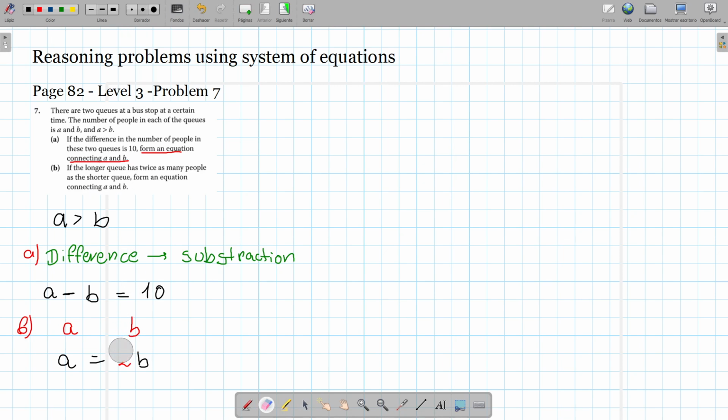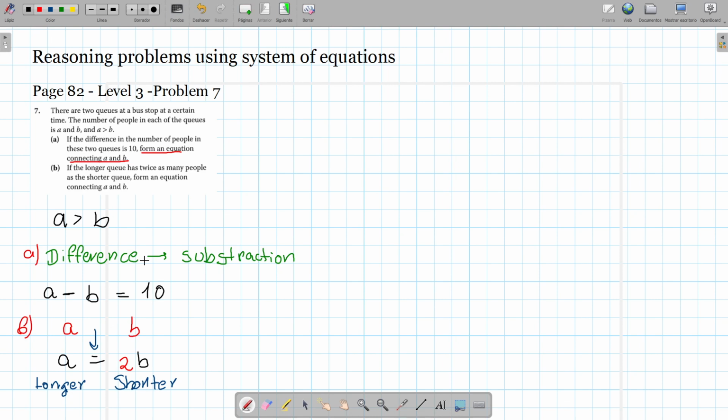Be careful, because they are not the same. Remember, this one is shorter, and this is, well, not bigger, we can say longer. So in order to make them equal, because we have the equal sign, we are going to put 2 times the shorter queue, which will give me the same as the longer queue.